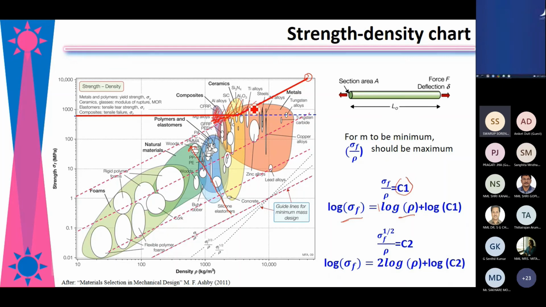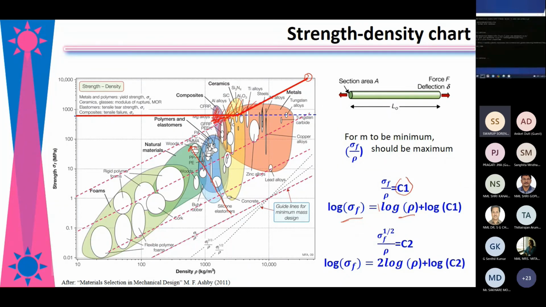So you will have only this available material. This is how you screen a material from these charts. What I was talking about here is the principle on which this data is dealt with in software also. Okay.